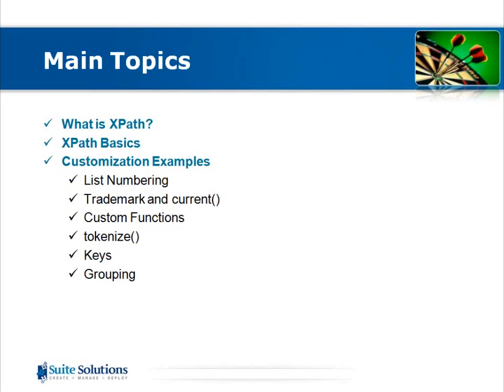We revisited Trademark by using keys to search for the first TM element that had a particular trademark attribute. And finally, we got to our most complex example, grouping, which we did first using keys and then using the new XSLT 2.0 functionality of xsl:for-each-group.